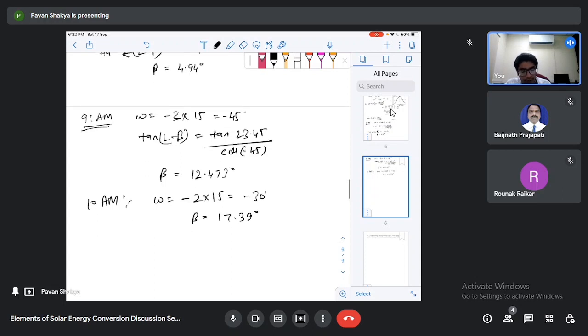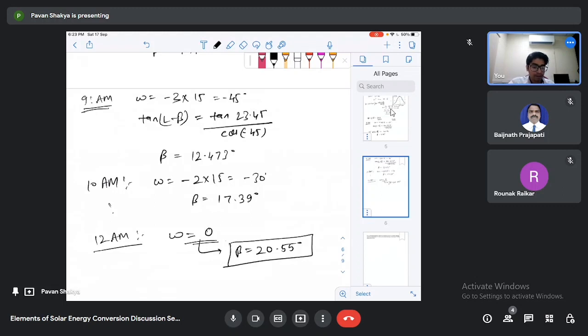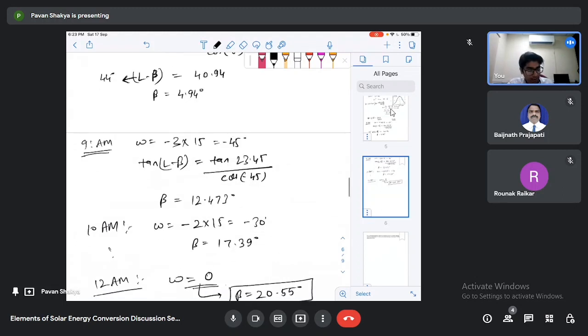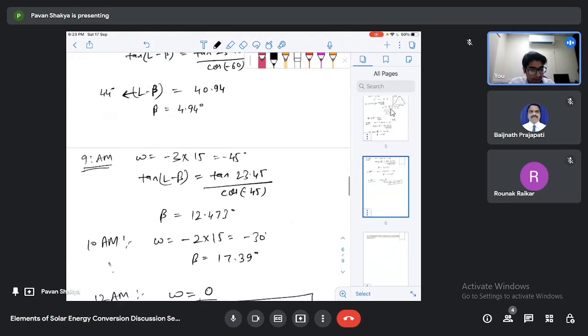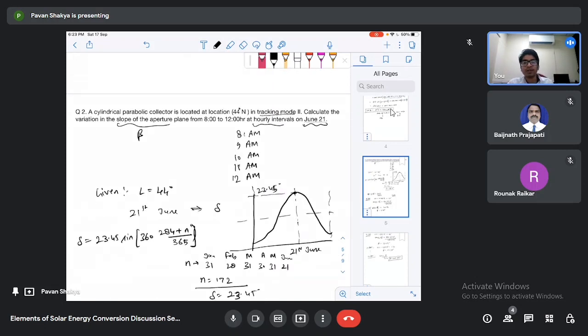Similarly you can do it for 11 a.m. and similarly for 12 a.m. At 12 a.m. this omega will become 0, and for this I am just writing the value directly. This tilt angle will become 20.55 degree. Okay, so that's all that has been asked in the problem, that is the slope of the aperture.